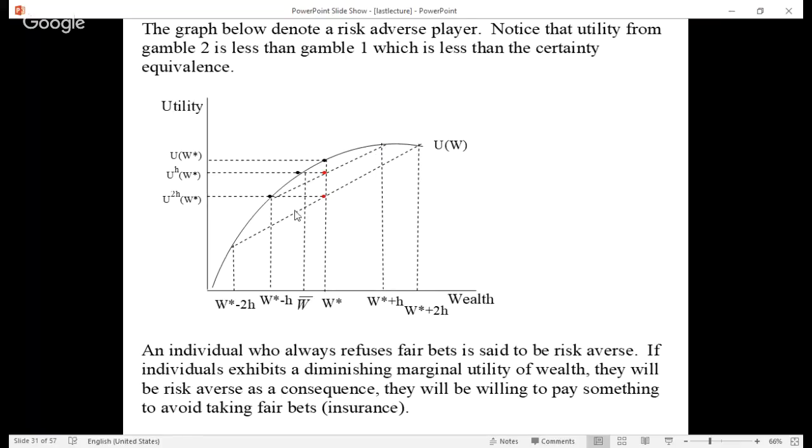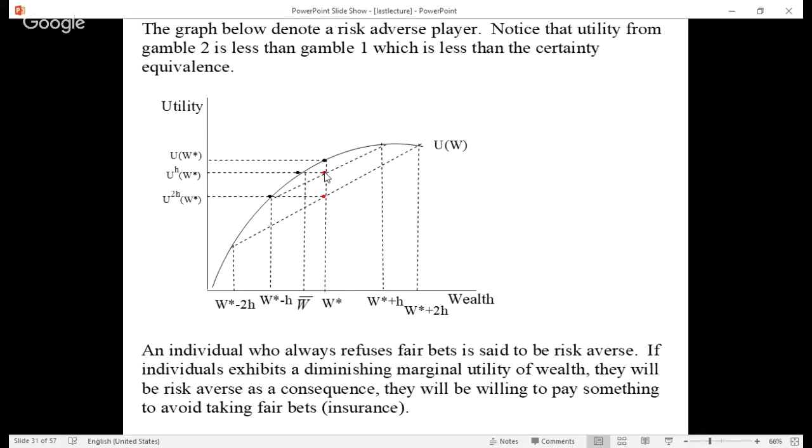So his expected utility is going to be at that level, that red dot right there. And then I go across, and the utility from this first gamble is right here, and it's below not taking the gamble. So this person is worse off because he doesn't want to gamble.